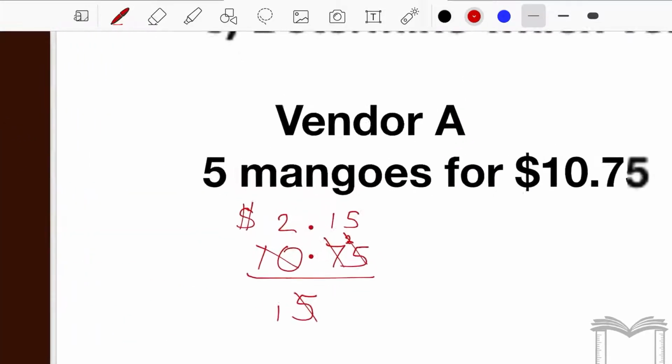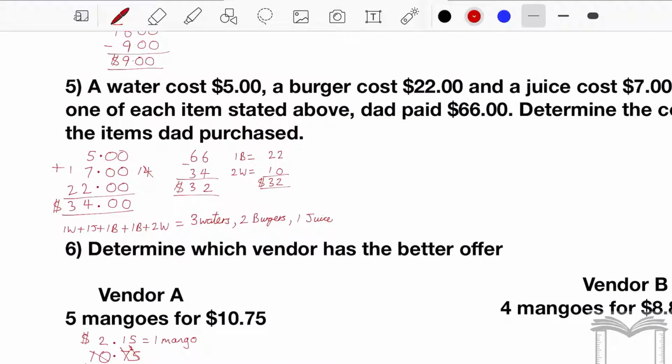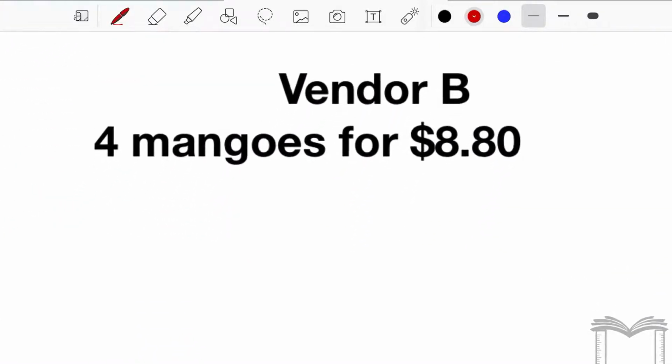So at vendor A, we have 1 mango being equal to $2.15. Or the unit price of the mangoes is $2.15.